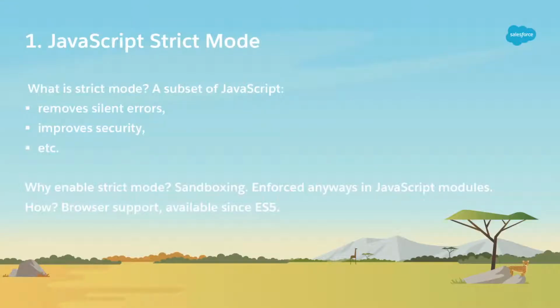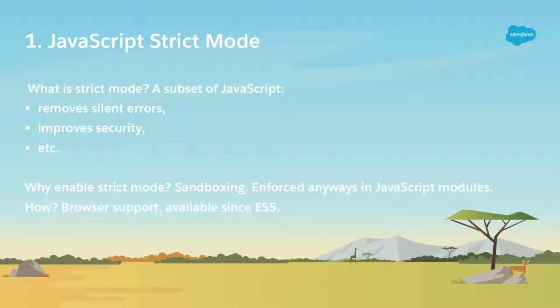Strict mode is something that comes with the browser. It's been with us since ES5, so December 2009, I believe. And it's not enabled by default; it's a different way of executing JavaScript. There are about 30 things that change, but we want to focus on three things.